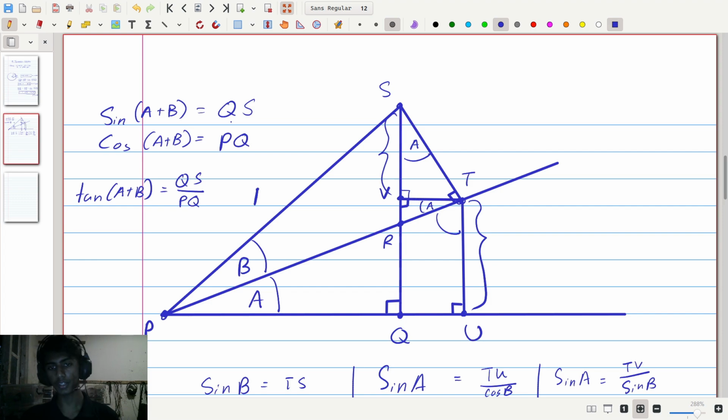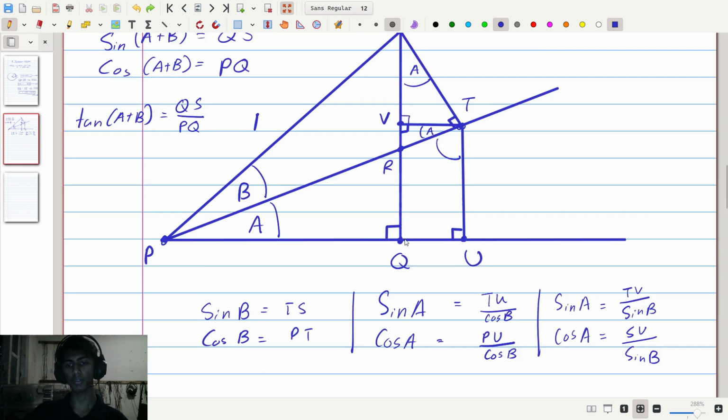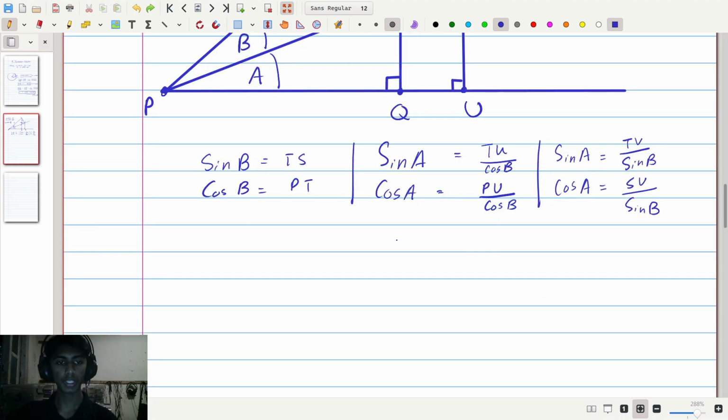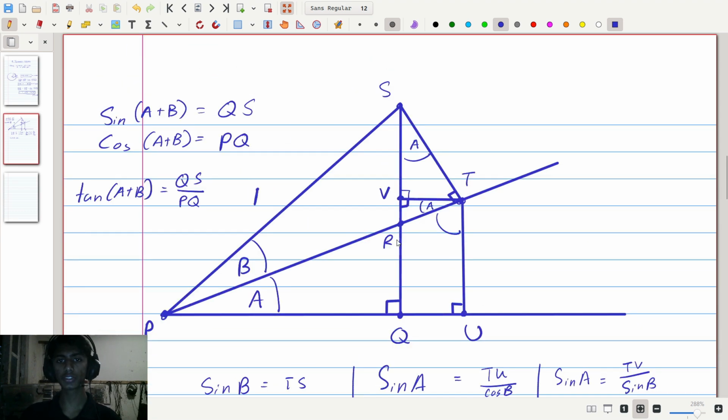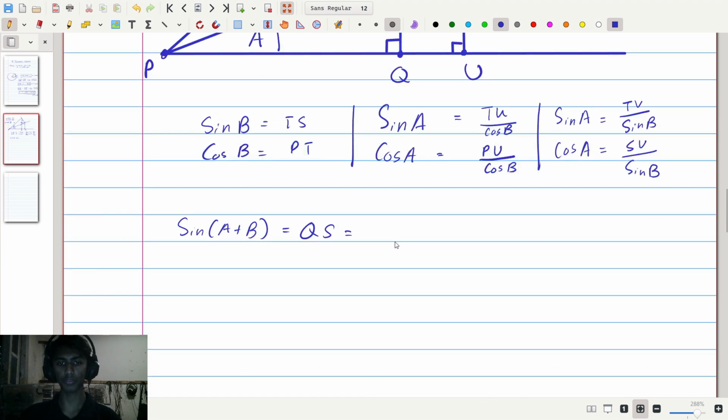Now that you've noted it, we can write that QS is equal to TU plus SV. So QS, which is the sine of A plus B, is equal to TU plus SV.